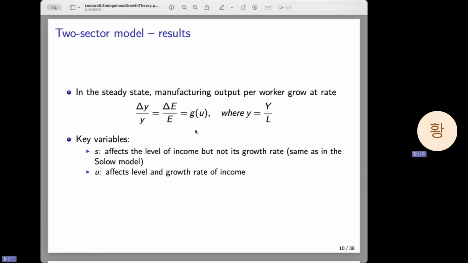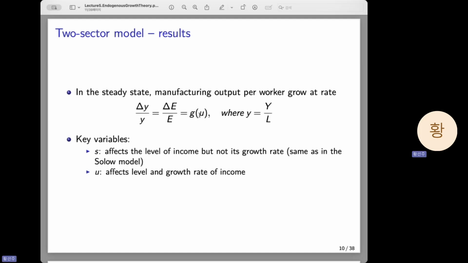The equation means that the growth rate of output per worker equals function G, which depends on the share of workers in the research sector. So the long-run growth rate depends on how much labor goes into research, not on the manufacturing sector.